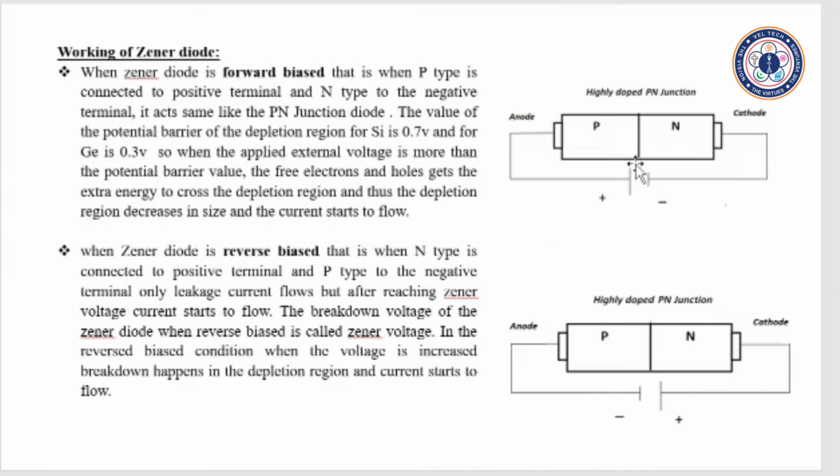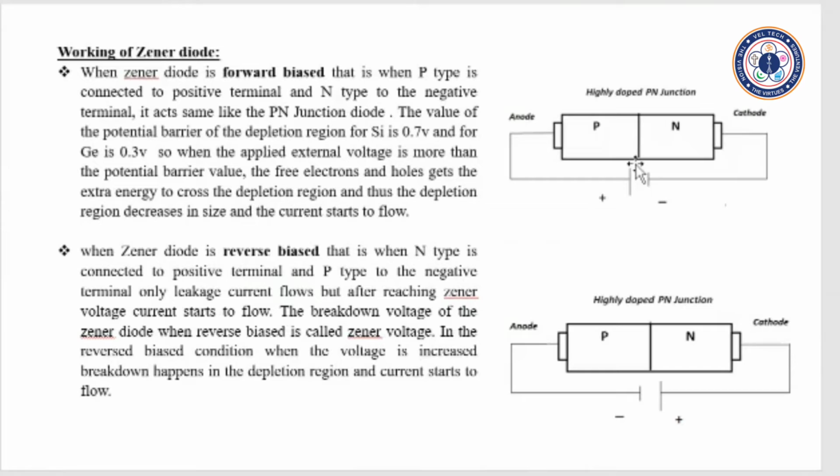When we give an external voltage which is more than the potential barrier value, the free electrons and holes get extra energy to cross the depletion region. When I give the forward bias, the width of the depletion region decreases and the current starts to flow.